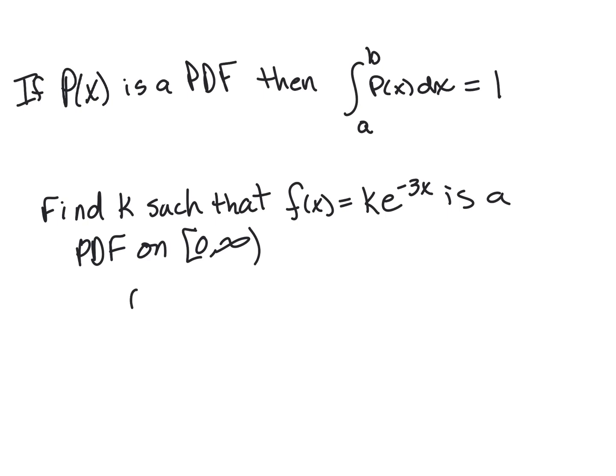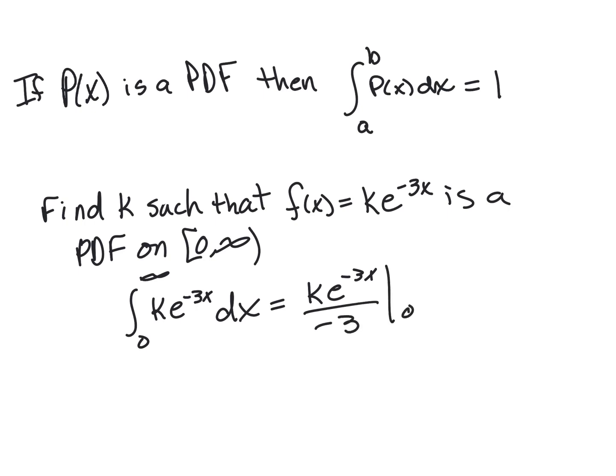So what you would do is integrate from 0 to infinity ke^(-3x) dx. You integrate and evaluate. When you plug in the infinity, it's e to the negative infinity, so you get 0, minus the k on top, a 3 and a negative, and plugging in the 0 here, e^0 equals 1.